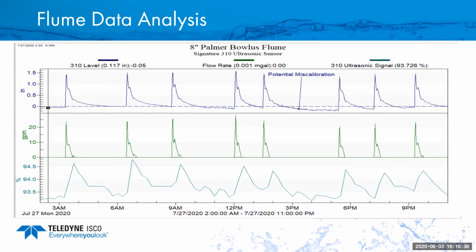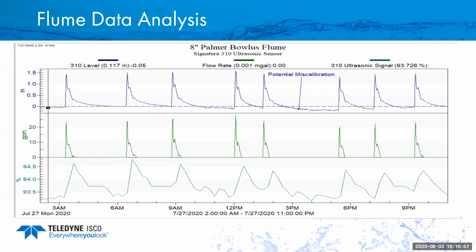In the case of a Palmer Bowlus flume, the zero level is not the floor of the channel. So it is possible that one could have negative levels logged if there is a draining effect that will cause the water to go below the 0 point through that flume.